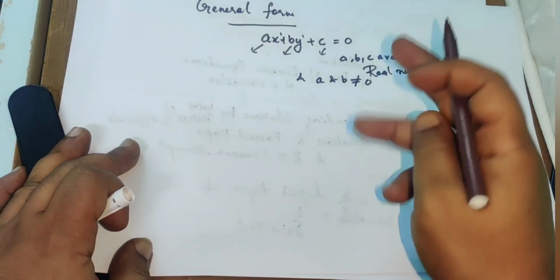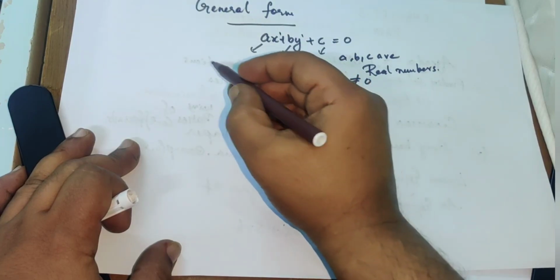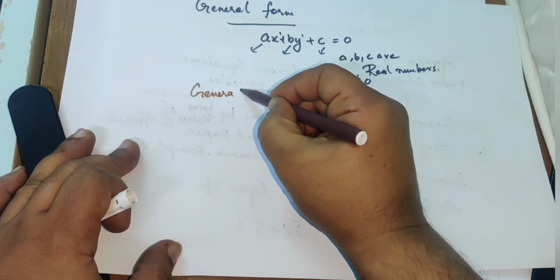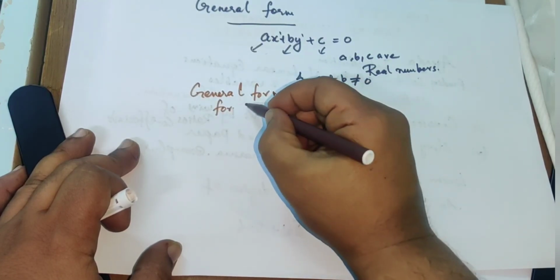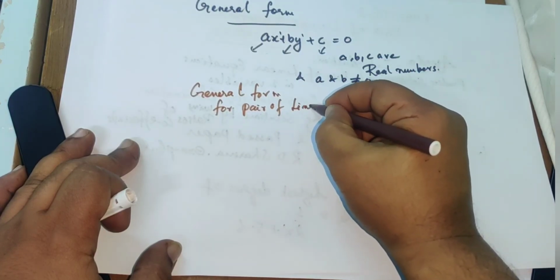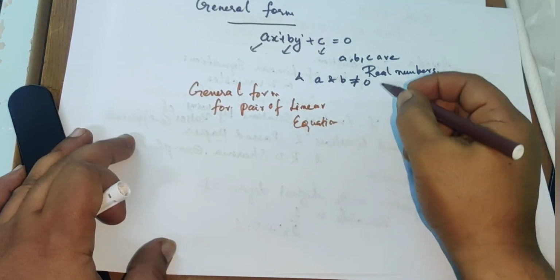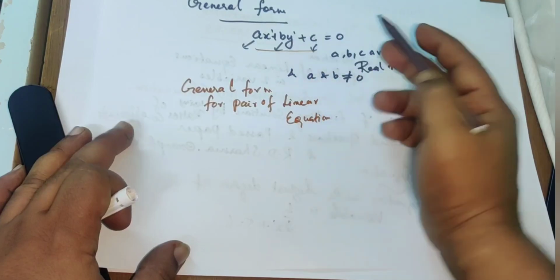So this is the basic general information about the linear equation in two variables, but we are going to be constructing two linear equations, which is nothing but a pair of linear equations. Which is why we are going to keep the general form for pair of linear equations. If it is only one equation, we can keep ax plus by plus c is equal to 0.